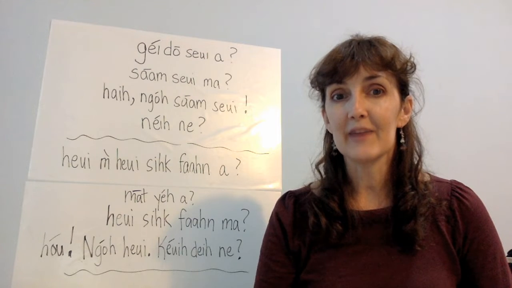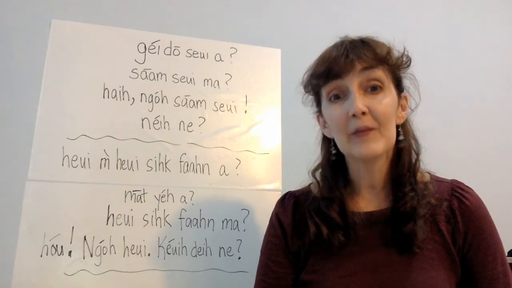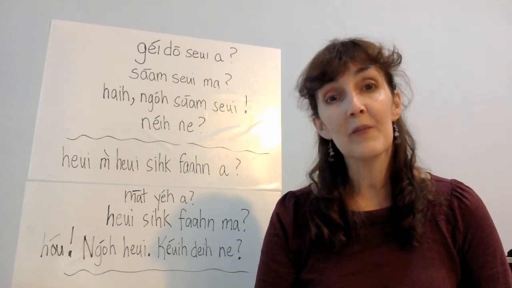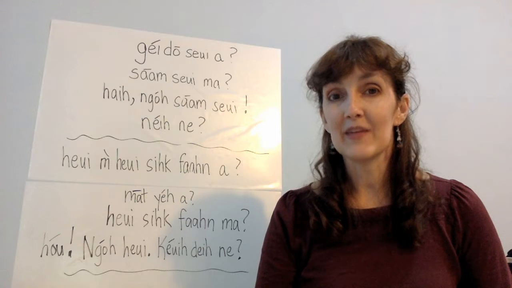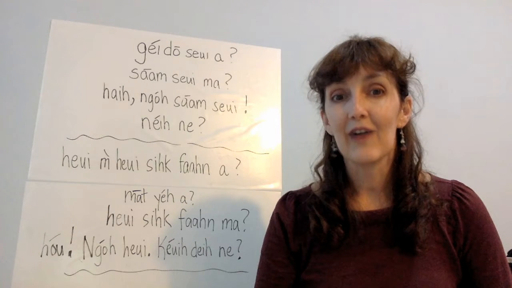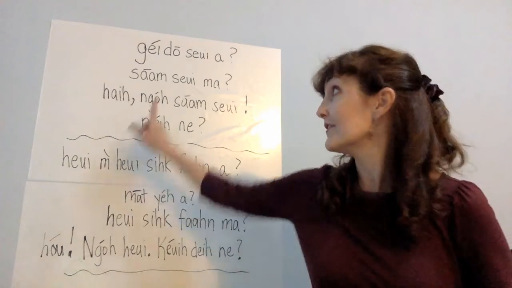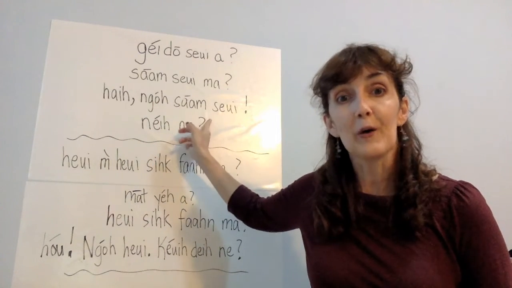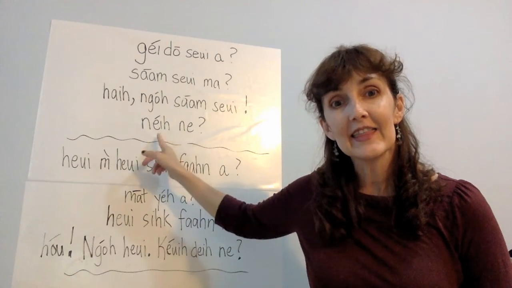So you'd say 幾多歲啊? No answer, so 3歲嘛? 3 years old? And maybe then they answer 係，我3歲, right? Yes, 係，我3歲. And then they might say 你呢?